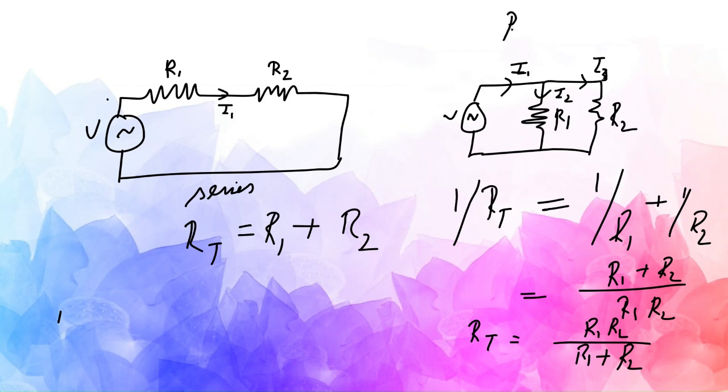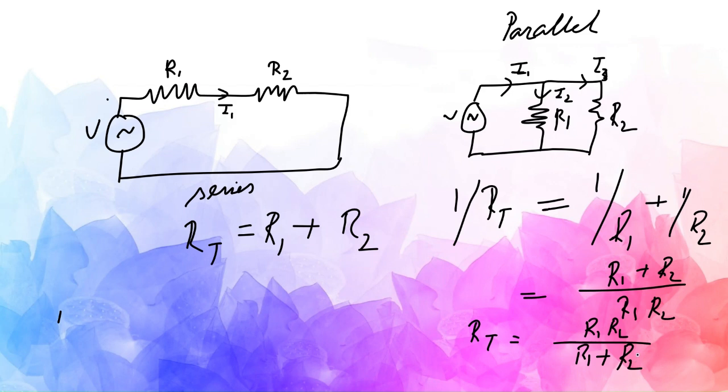Parallel circuit. So this is a series circuit and this is a parallel circuit. This is RT equal to R1 plus R2, and this is RT equal to R1 R2 by R1 plus R2. You need to remember this.